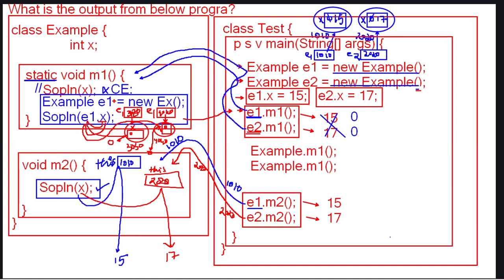E1.x, the second time, reading the value from the second object. Write the output: 15, 17, strike mark, write 0, 0.